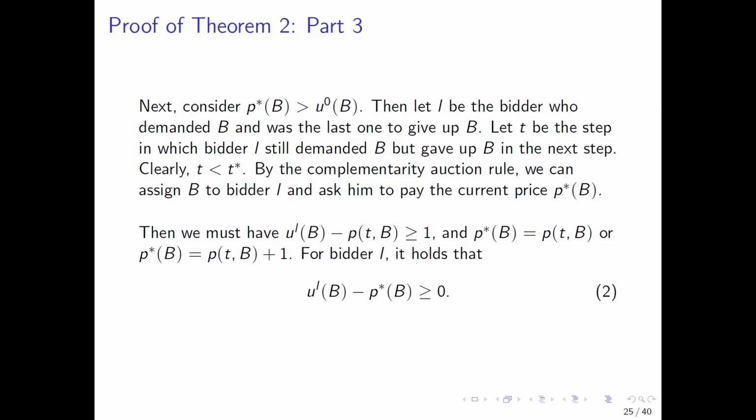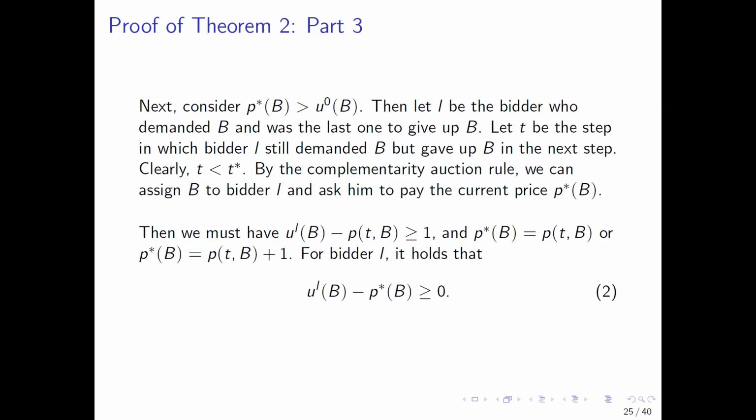Okay, so first notice that the bidder chooses the bundle that maximizes the surplus, right? Yes. Every time. And if there are multiple bundles that maximize surplus, then the bidder just chooses one. Yes. So maybe bidder I may be the last person who gave up.